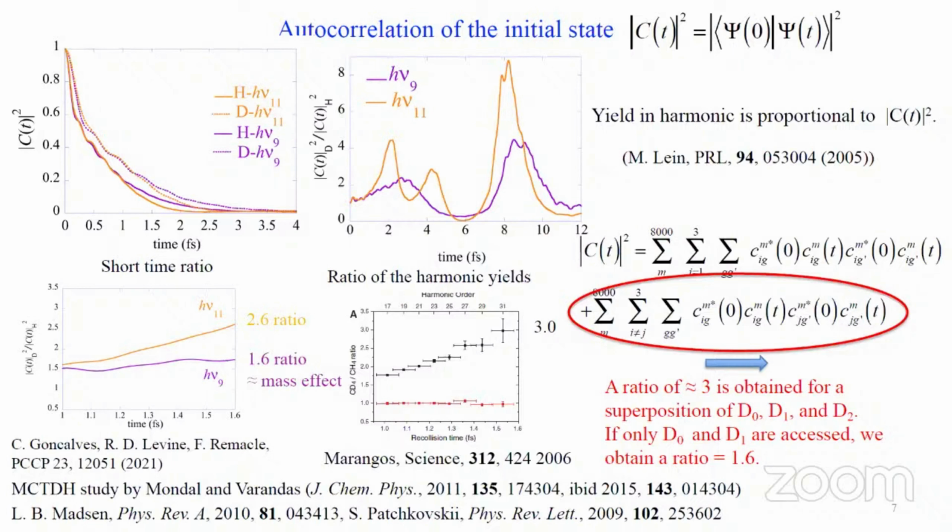But what is interesting for me is that we can really trace this to the fact that the autocorrelation function, and here we average over 8,000 orientations of the molecule, is sensitive to the electronic coherence. This is the term that I show here in red.